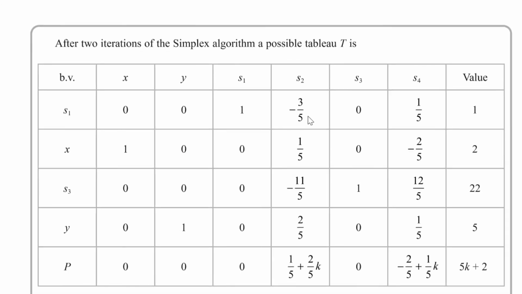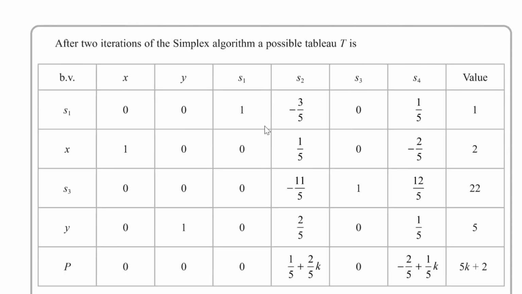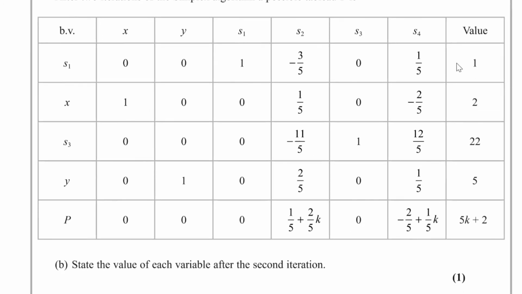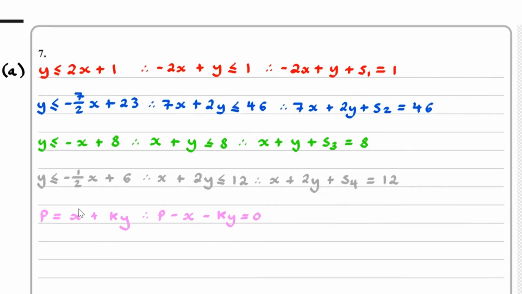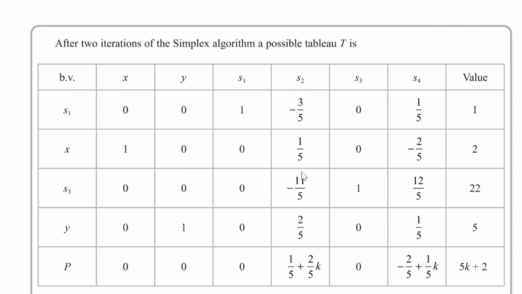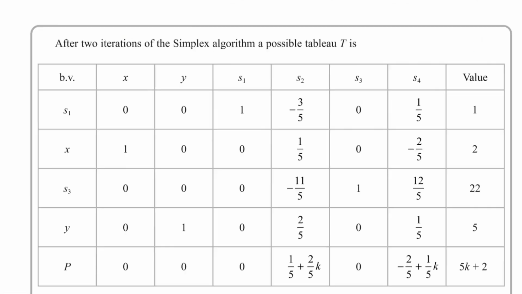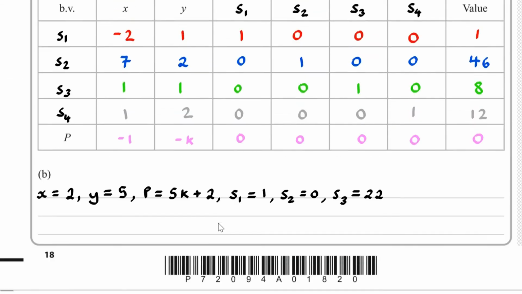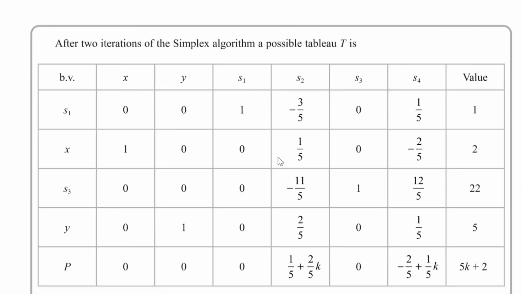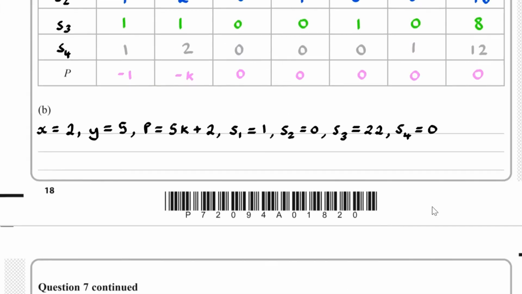P is equal to 5k plus 2. S1 is equal to 1. S2 is going to equal 0. S3 is going to equal 22. And S4 is going to equal 0.